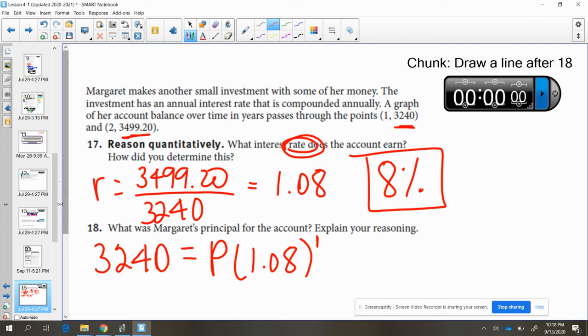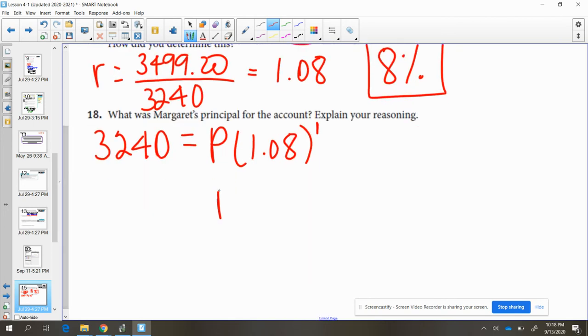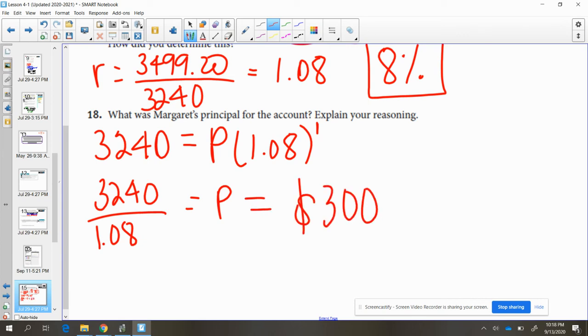That means if we solve for p, it's going to be 3240 divided by that 1.08, which is approximately $3,000.